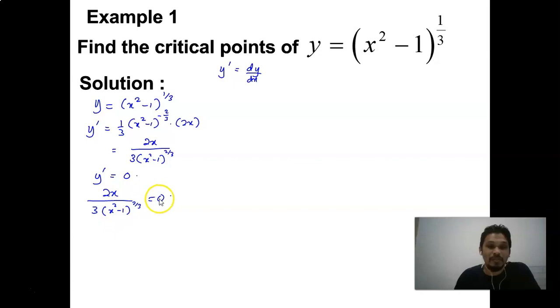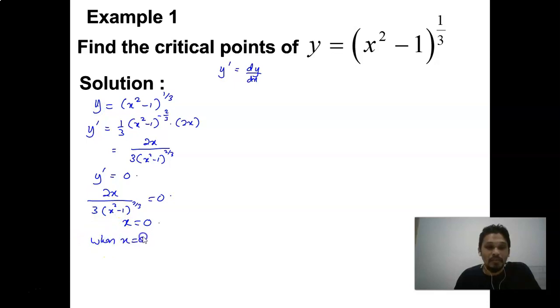Cross multiplying and simplifying, we find that x equals 0. So when x equals 0, we substitute into the function f(x), or y.